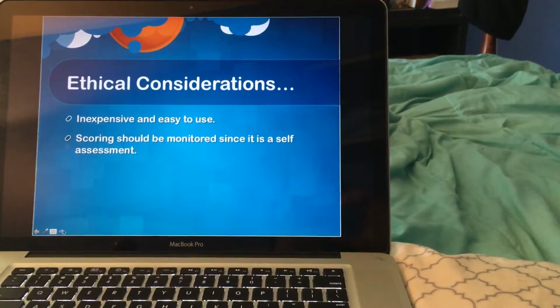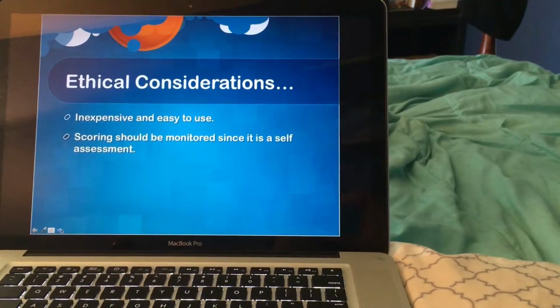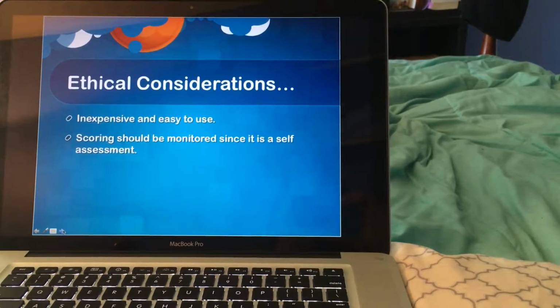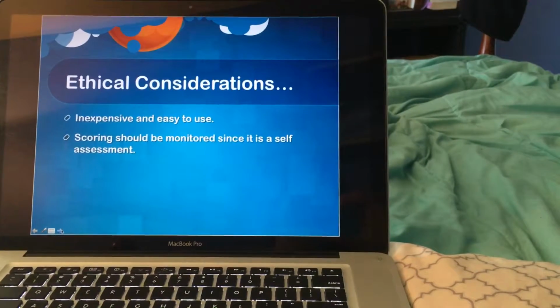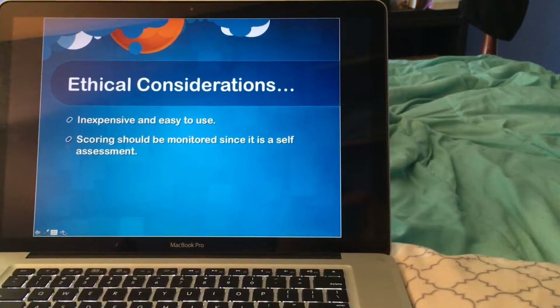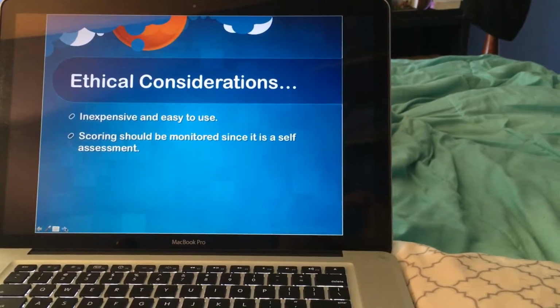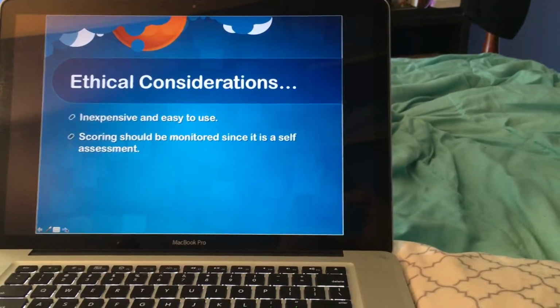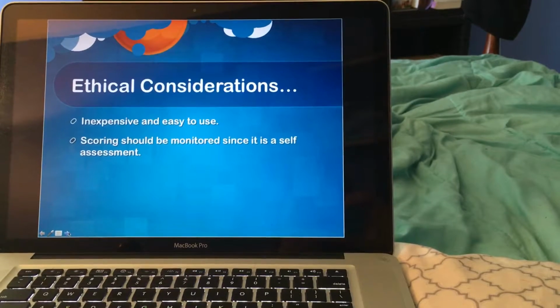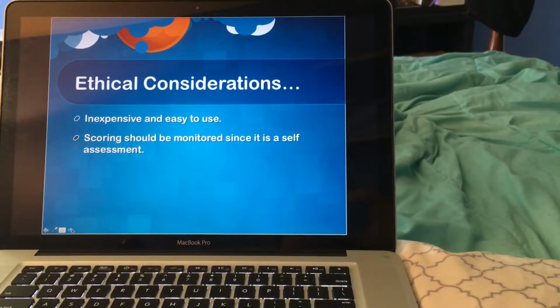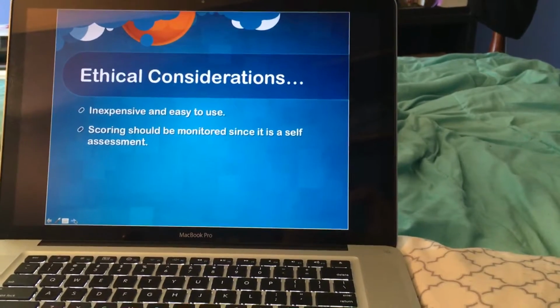There are a couple of ethical considerations to take into account. It is inexpensive and easy to use, so a wide range of clients are able to use it. And as we talked about before with the four categories, it can be used from middle schoolers all the way up to senior citizens, and even those that have a hard time reading, there is a code for them to be able to use it.